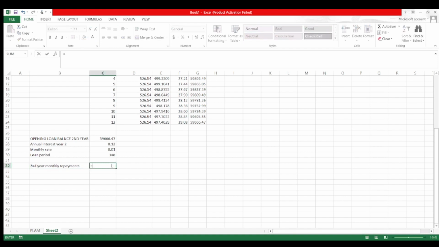So to do this, still use the formula is equals now to PMT. Take the monthly rate, total number of periods and the opening loan amount. So now your monthly repayments will be 615.97.